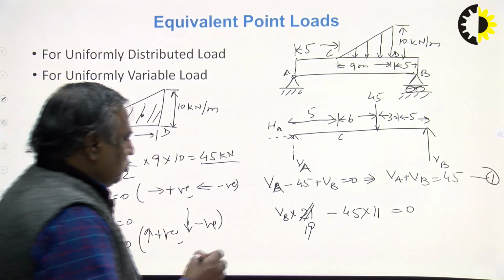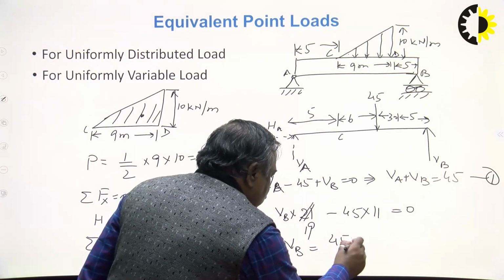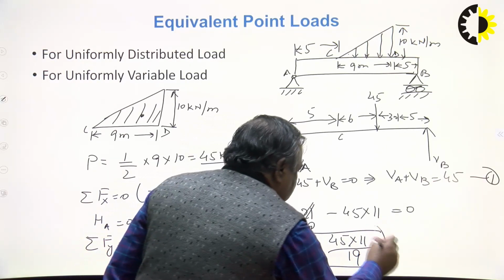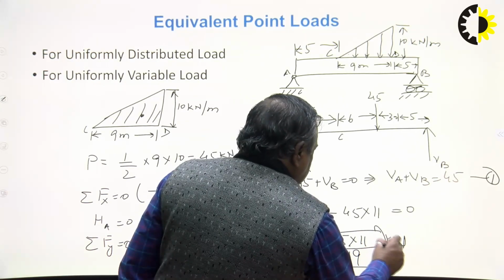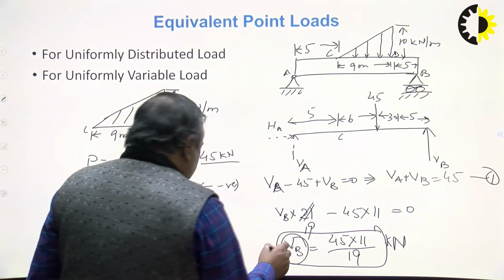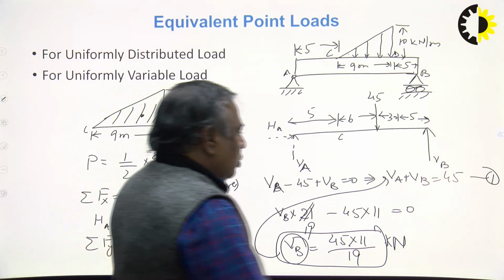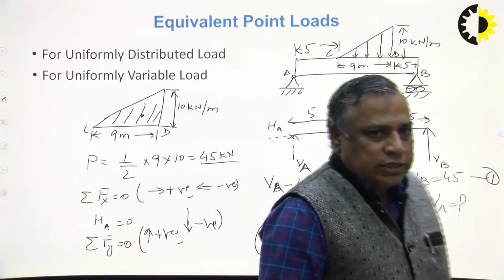There is no other force. So VB is equal to 45 into 11 divided by 19 kilonewtons. Put this value in equation 1 and calculate what is VA. It can be easily determined.